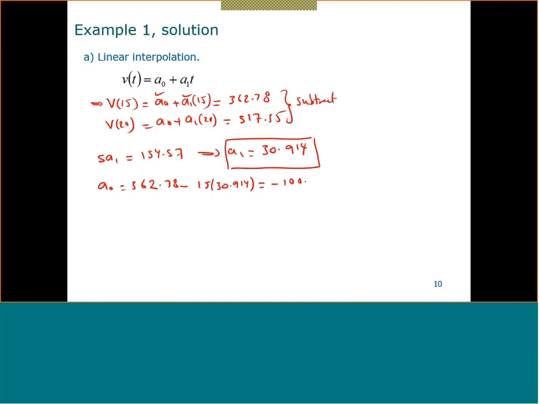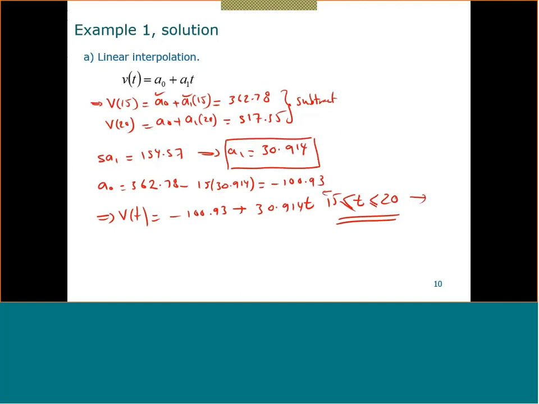So from this, I can find my v of t, which is equal to minus 100.93 plus 30.914 t. But this is defined, you have to specify, between these 2 points, 20 and 15. Only true in this range, not outside, not higher or lower than this.